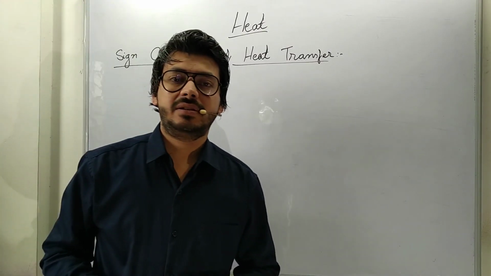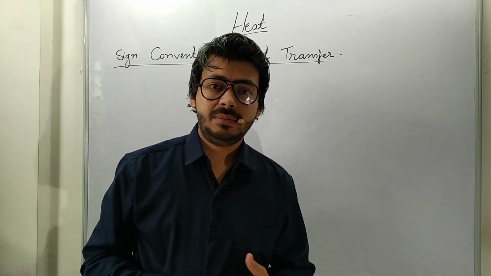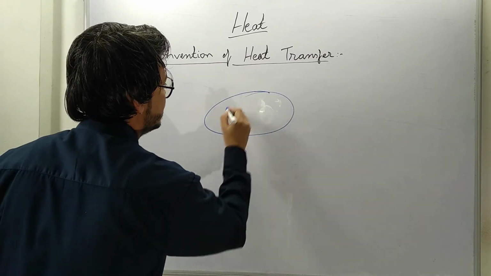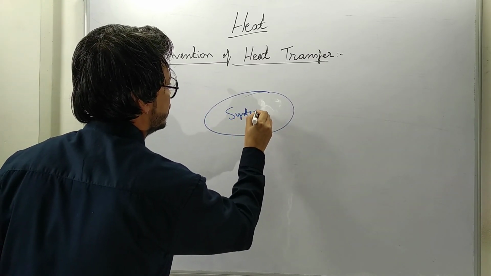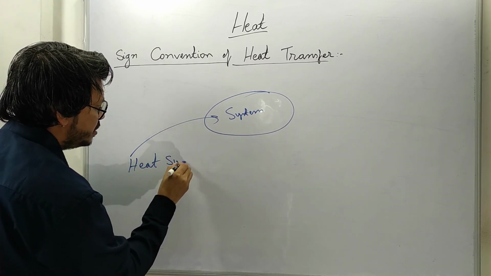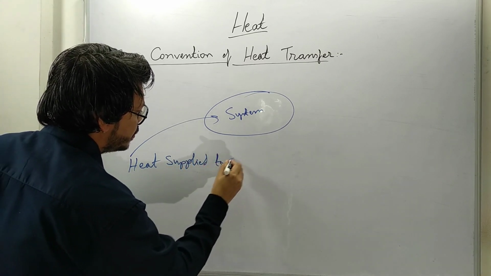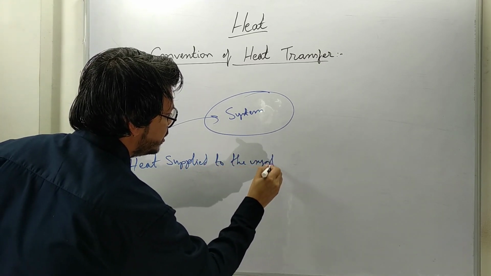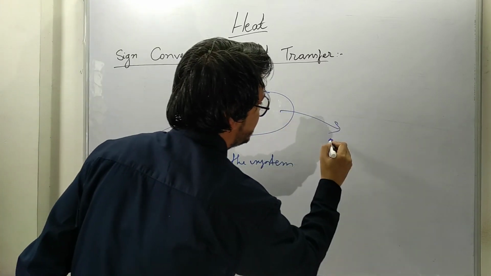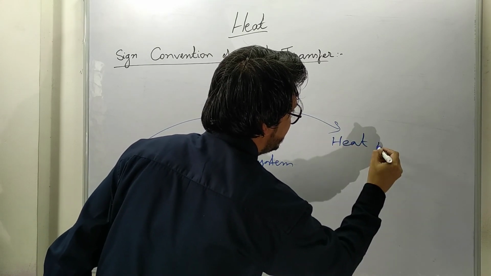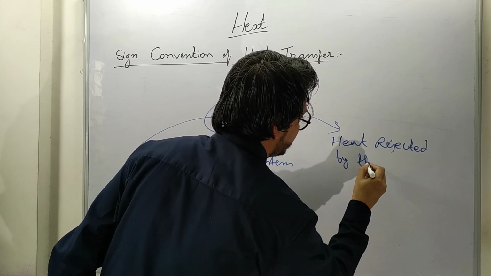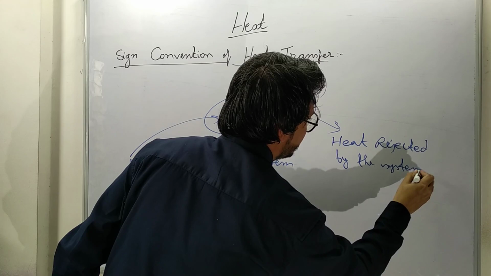Now the sign convention of heat transfer. The sign convention of heat transfer is arbitrarily chosen. The most common one followed is, let us consider this system. Heat supplied to the system is positive, and heat rejected by the system is negative.